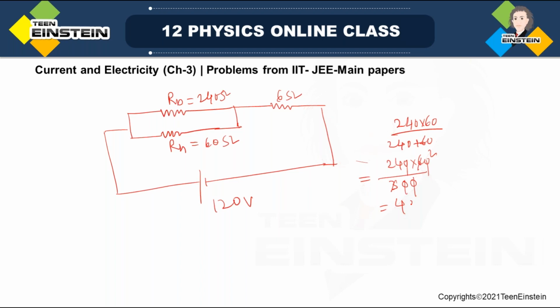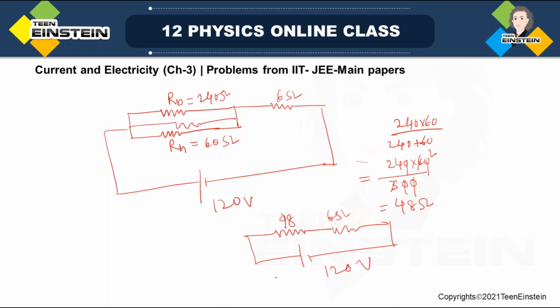So this is 48 ohm. I have got the equivalent resistance for this as 48 ohm. Now I have this 6 ohm, this 48 ohm, and this 120 volt.